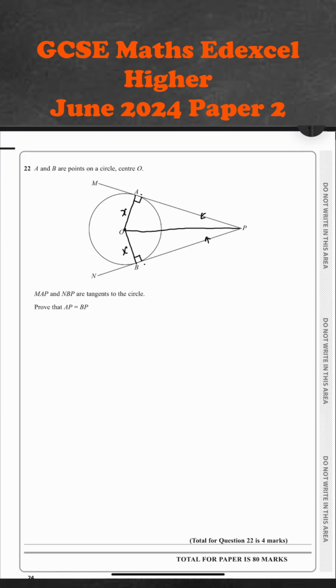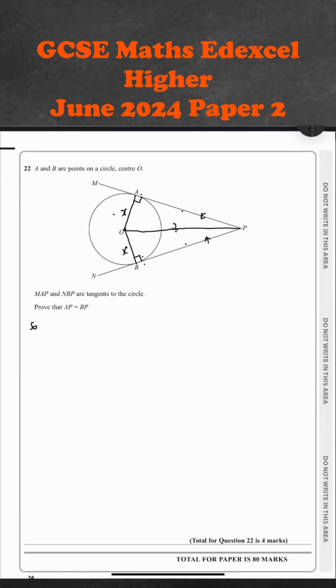And we know that OP in both of these 2 triangles is the same line. Let's call it Y. Now, we have 2 triangles where 2 sides and an angle are the same. So, in fact, it's the hypotenuse as well.